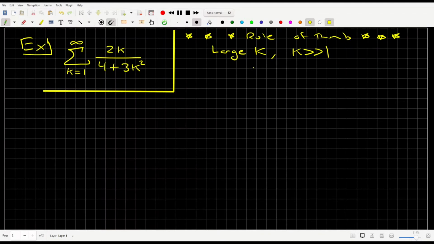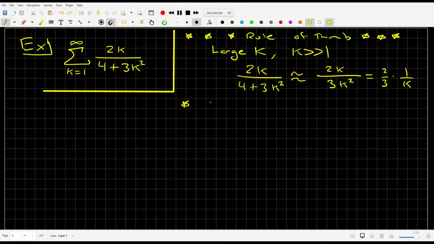And for very large values of k, this series is approximately equal to, well, it's 2k over 4 plus 3k squared. And so for large values of k, this is approximately equal to 2k over 3k squared, or 2/3 times 1 over k, which is a divergent series because it's equivalent to the harmonic series.